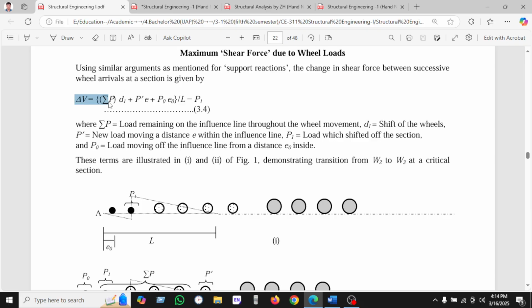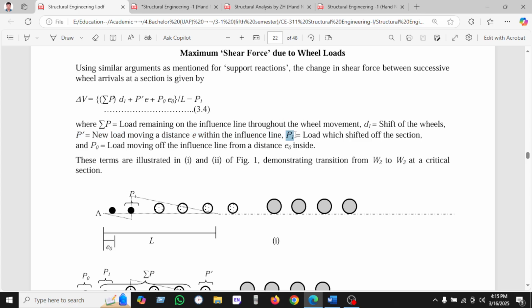So we have ΔV equal to the summation of P times D1, plus P prime times E, plus P naught times E naught, divided by L. Here the summation of P is the remaining wheels on the influence line, D1 is the shifted wheel, and P prime is the new load moving in, at distance E within the influence line.